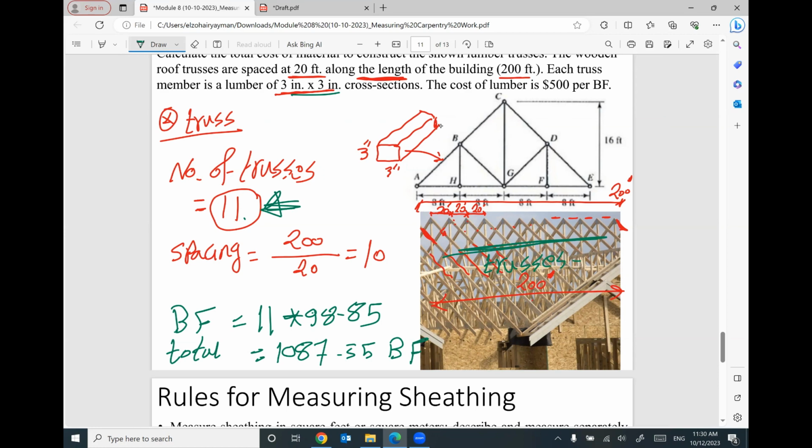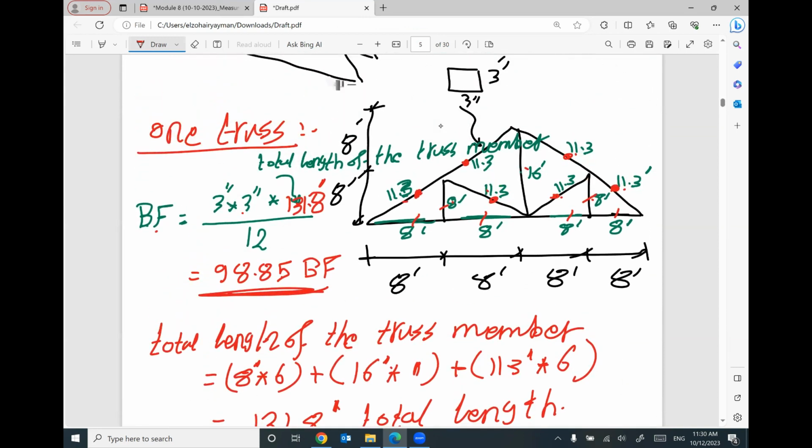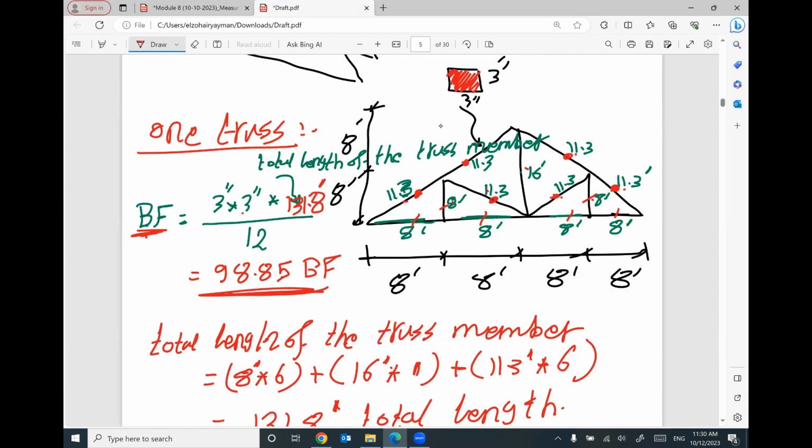So what I did, I calculated how much board foot for one truss. The cross section for one piece is 3 inch by 3 inch, given by the information here. And what is the length of each member?